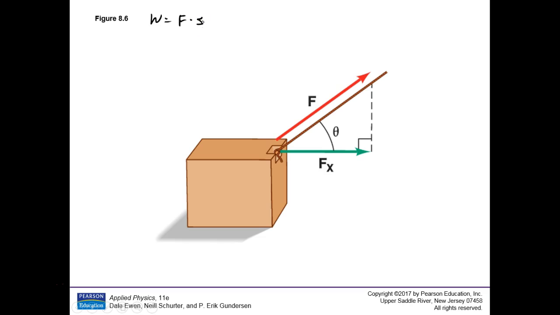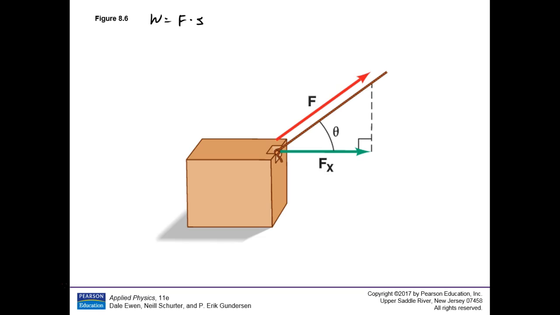Now, I put the dot in there. The book usually just writes it next to it. What that means is work is equal to the force times the displacement in the direction of the force, or the displacement times the force in the direction of the displacement. They've got to be in the same direction. And most of the early problems, that's what we dealt with.